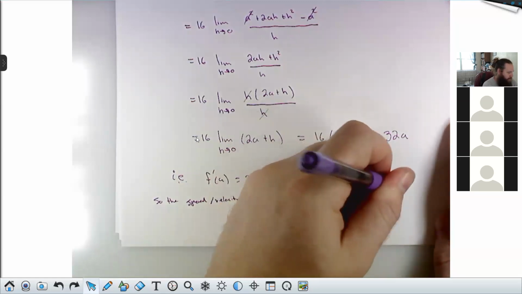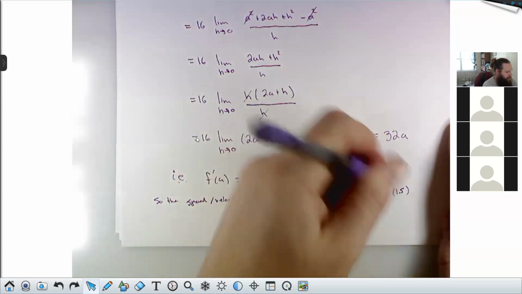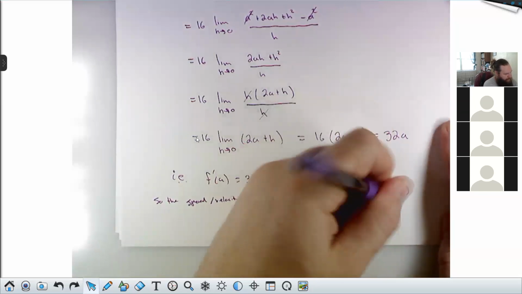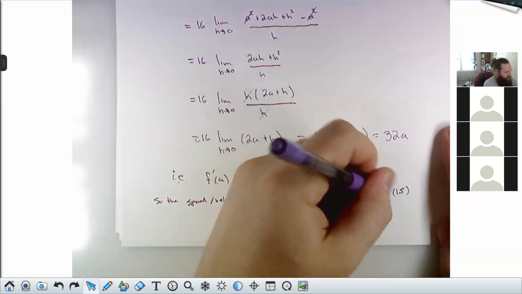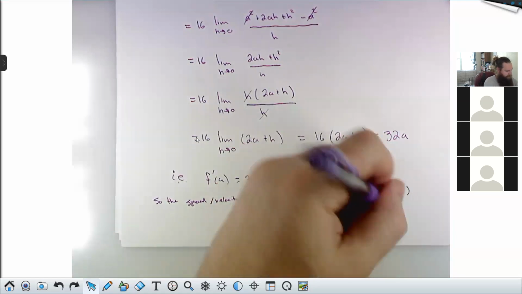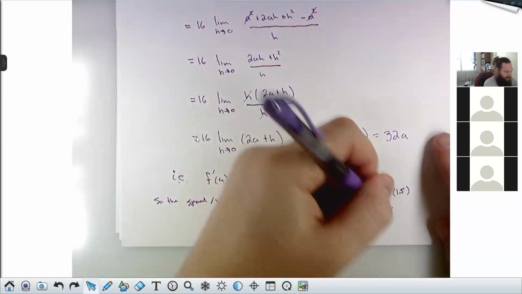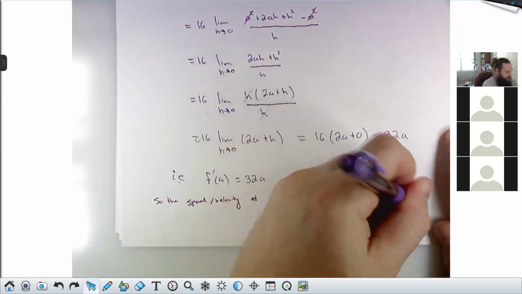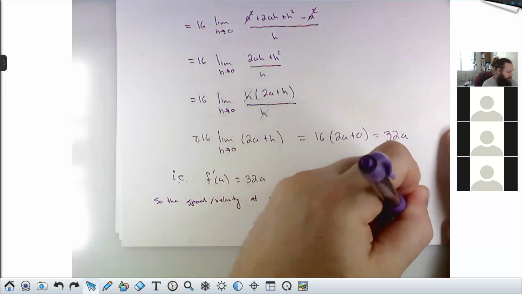Should be 32 times 1.5. 1.5 is 3 over 2. 32 over 2 is 16. 16 times 3 is, I can't do arithmetic in my head. Yeah, 48. And this would be feet per second.